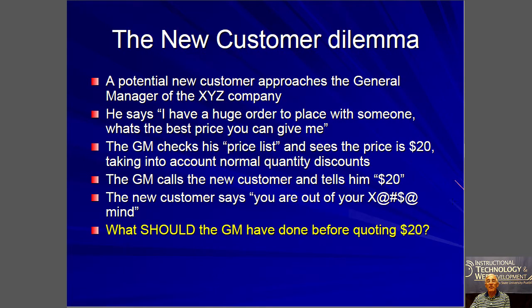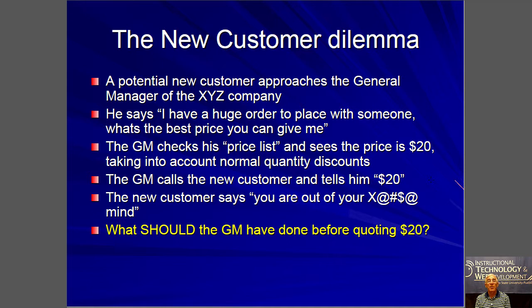Here's another example, which is much more real, perhaps, depending on what kind of job you may have. I've run into this myself a dozen times. A potential new customer approaches me. I'm the general manager of the XYZ company. He says, I have a huge order to place with somebody, either with you or one of your competitors. What's the best price you can give me? So I look at my price list, which gives different prices for different quantities.